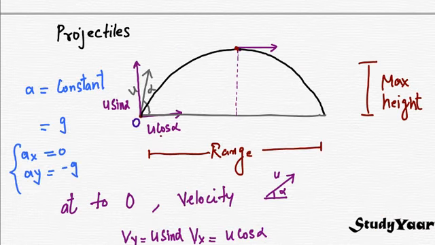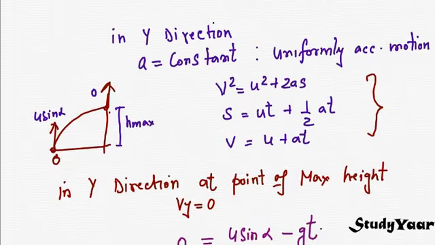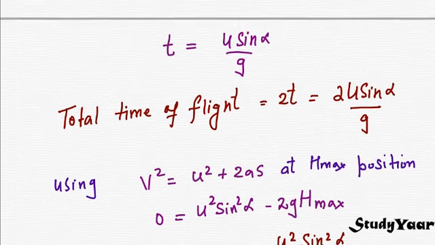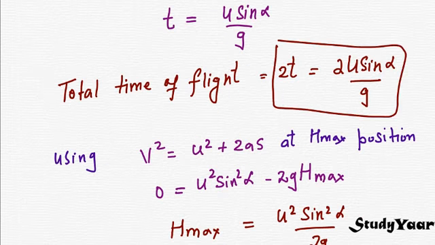If I'm talking about this whole motion, then this is the displacement in the x direction when I am over here. Therefore, my range is s. I know my initial velocity, therefore I can get my range because I also know my total time taken, which is over here.